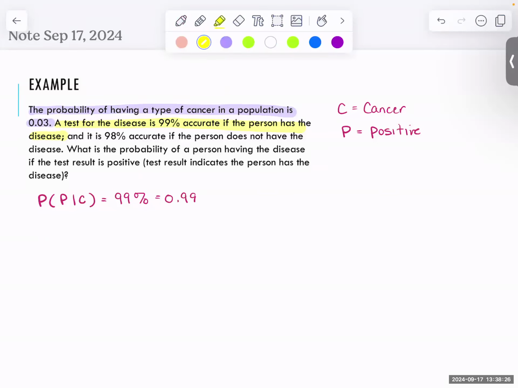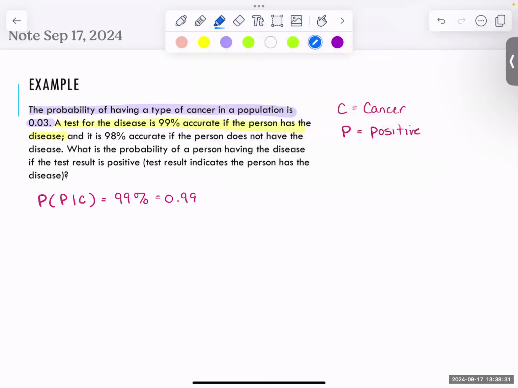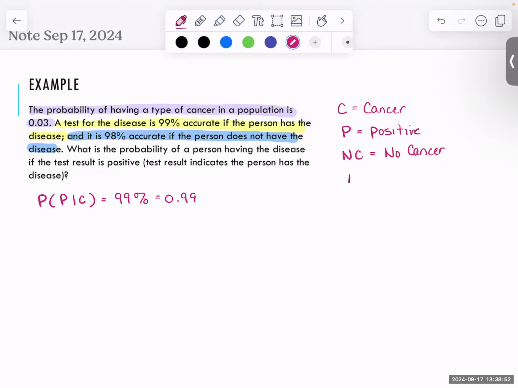All right, what else do we have? And it's 98% accurate if the person does not have the disease. So it's going to test negative if I don't have the cancer. So I'm going to let NC be that I don't have cancer, and I'm going to let N be that I test negative.